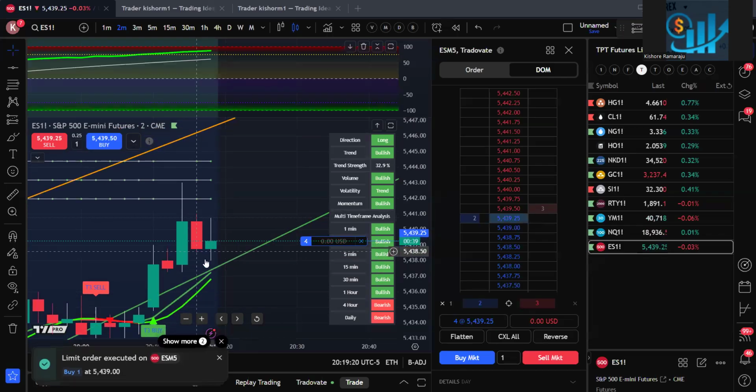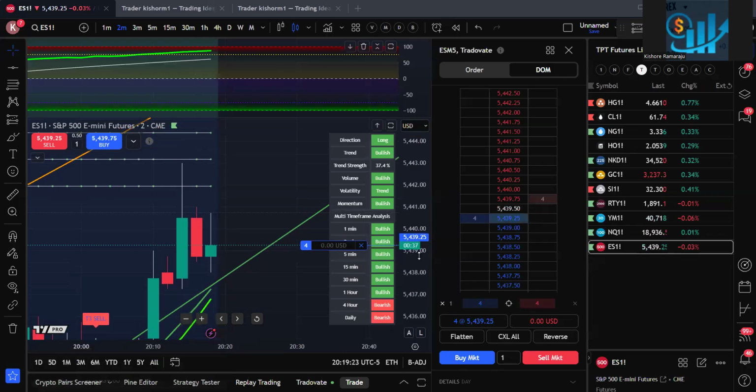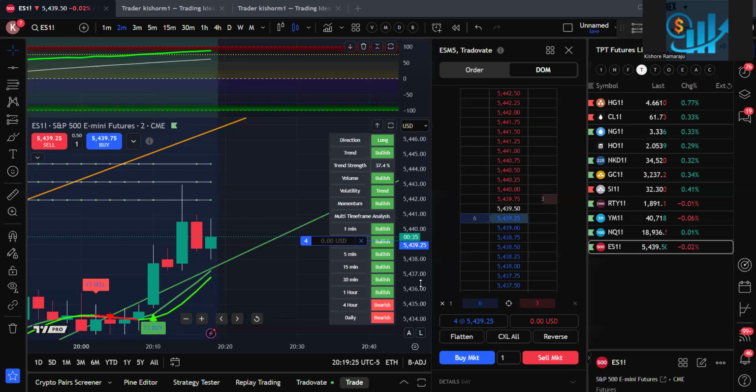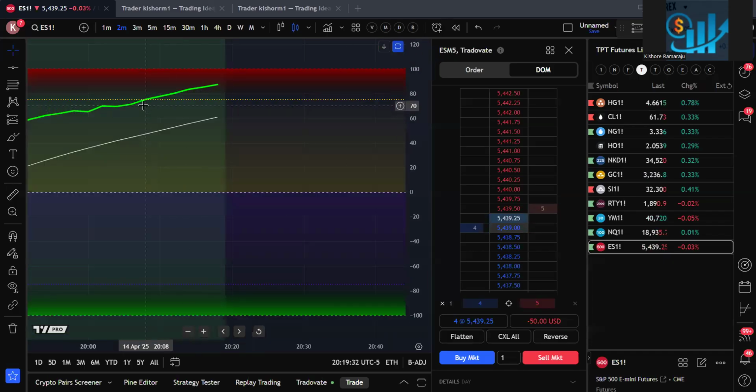Again, take only if you have a 150K account. If you have a 50K account, better you stay with micros. Because if you see here, there is still a lot of gap. It can go further, right?